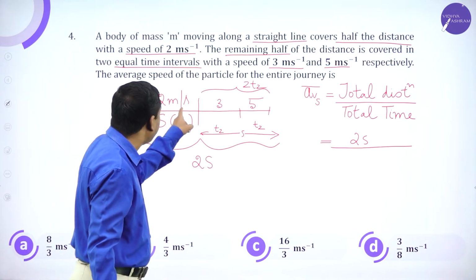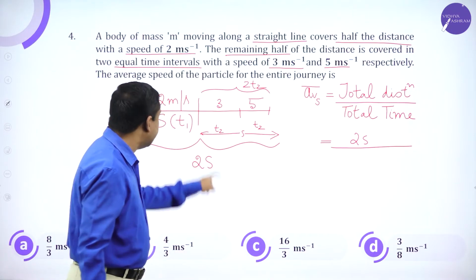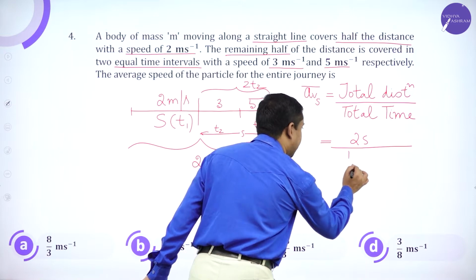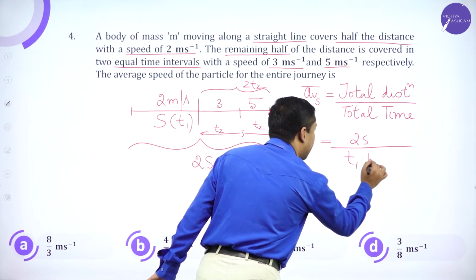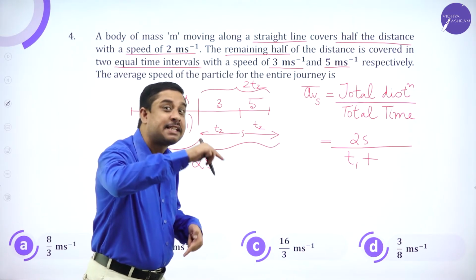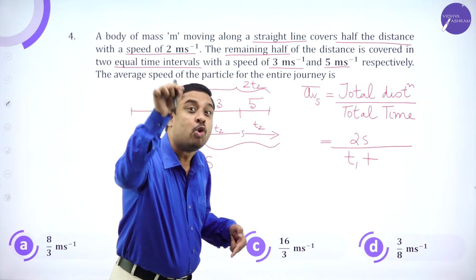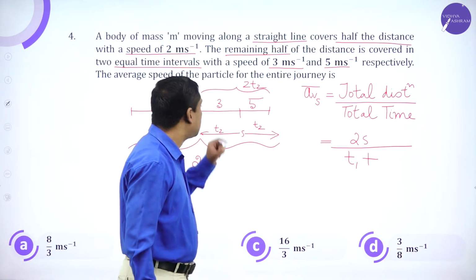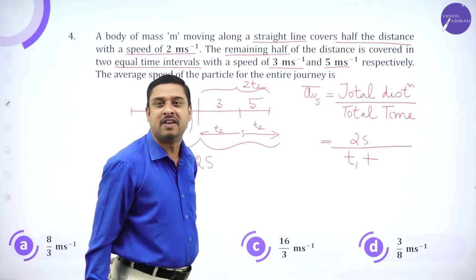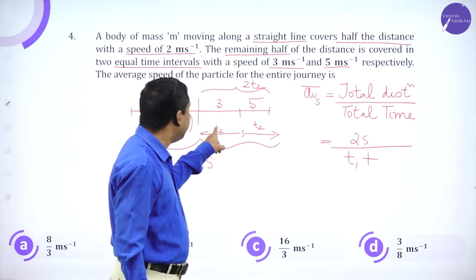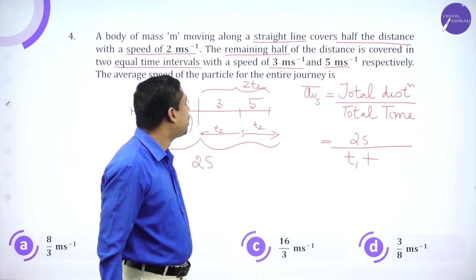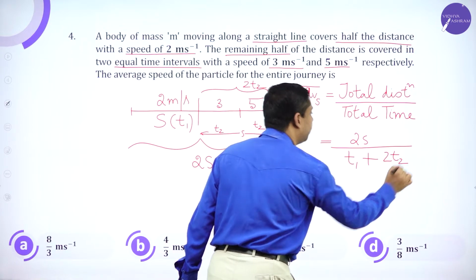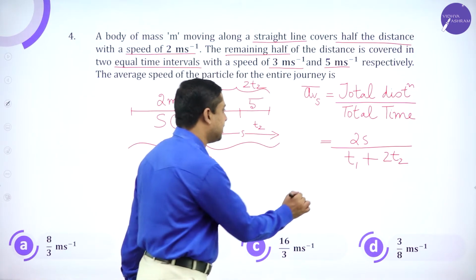The first half of the distance is travelled in a time interval t1, plus the next half in two successive, equal intervals of time, t2 plus t2, which is 2t2.